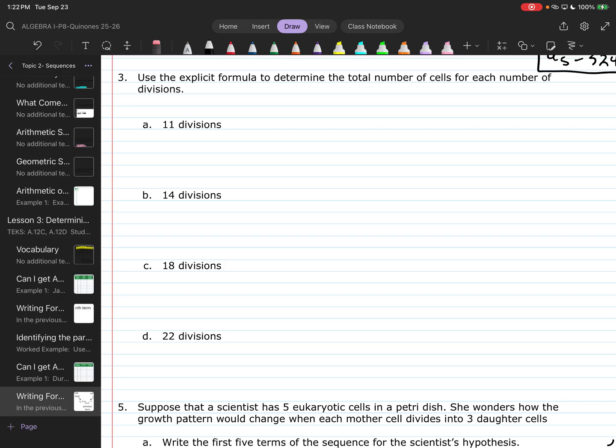Answer. That's what we're looking for, by the number that's in front of it. So it's the first term times the common ratio raised to the n minus 1 power.